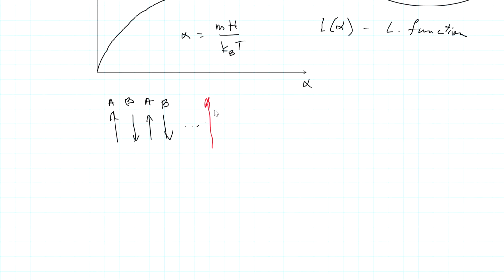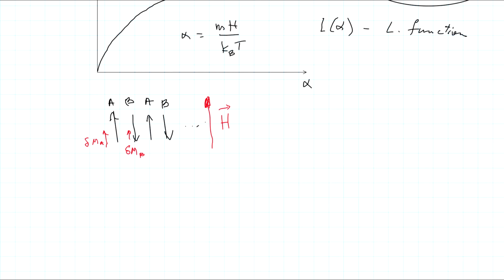So we apply field in this direction, pointing, let's say up, doesn't really matter. Then field would introduce small delta MA in this direction, and also it would introduce small delta MB in that direction. So MA would point along a magnetic moment, and MB would point in the opposite direction.